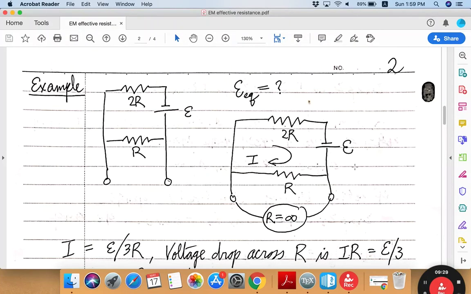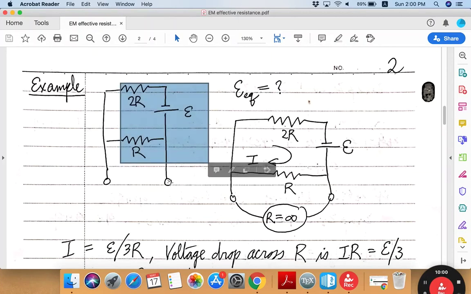Okay, but of course, calculating something implies that you already have at your disposal all the information regarding the individual resistances like R and 2R and E, the electromotive force, and so on. So suppose you have information regarding all of these values.